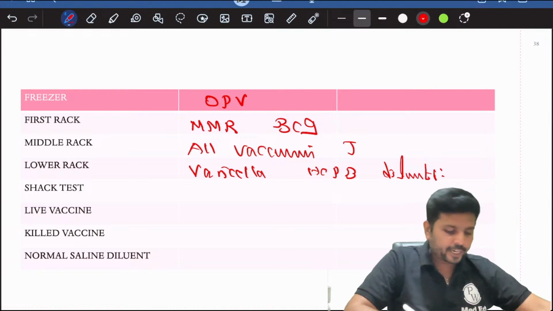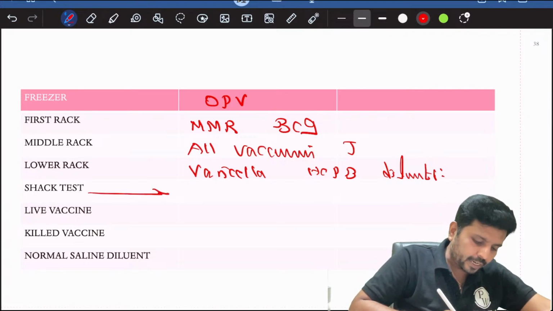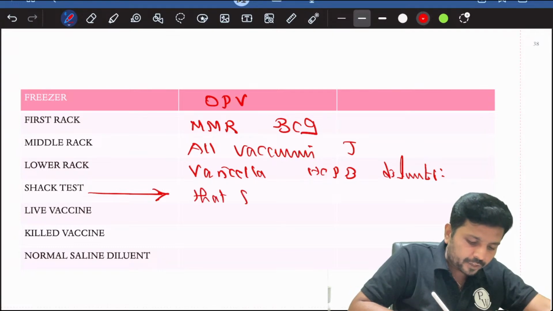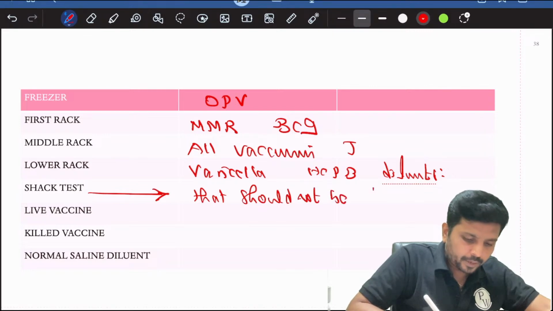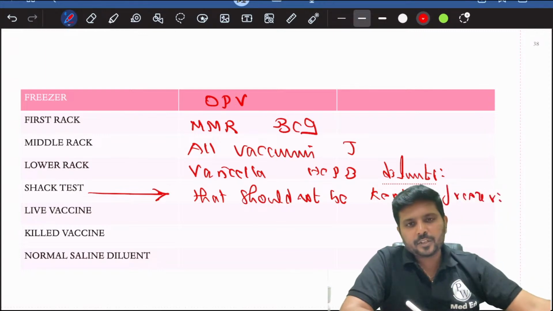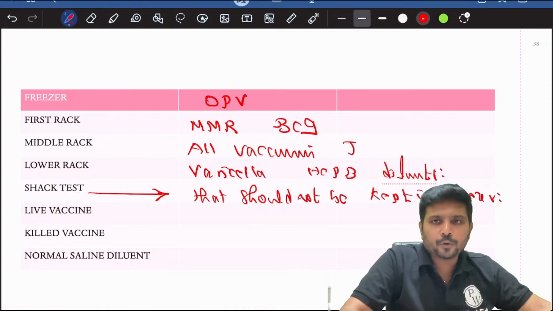Shake test is mainly for vaccines that should not be kept in the freezer. When you freeze those T vaccines, they lose their potency.